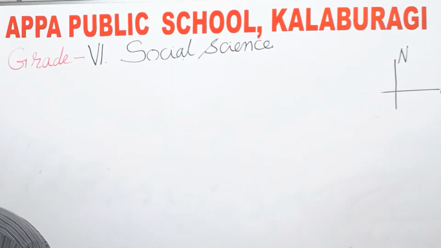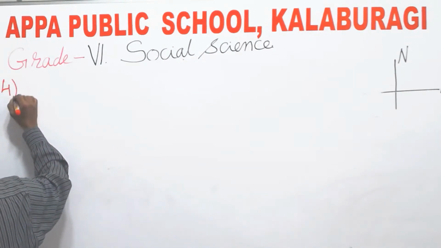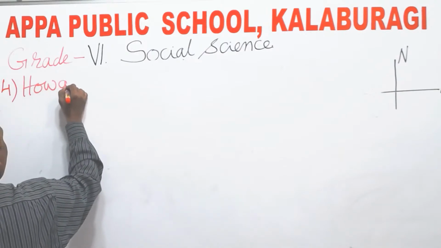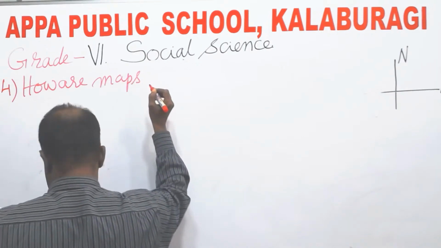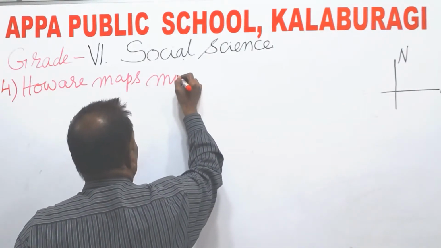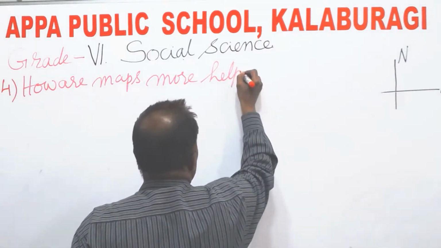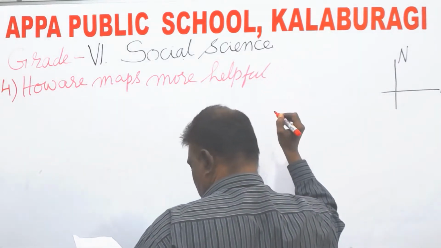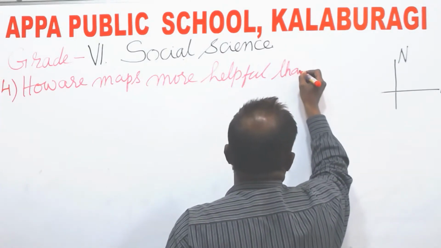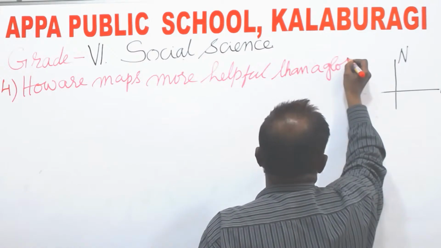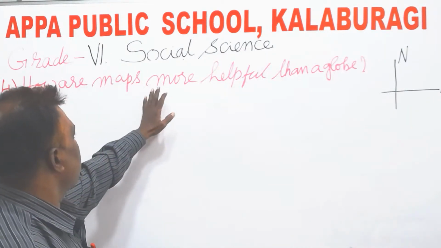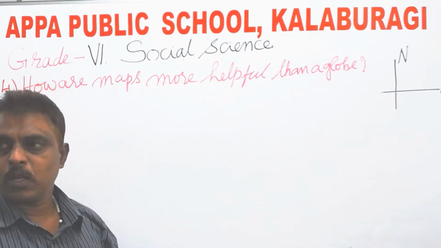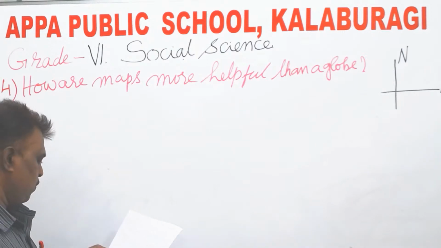Next one is question number 4. How are maps more helpful than a globe? You can see the difference between the map and the globe.